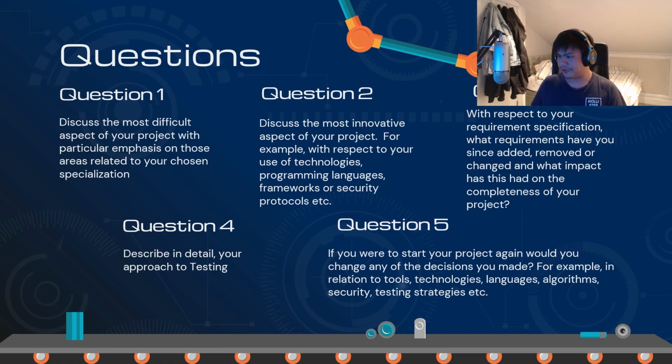And then question 5. If you were to start your project again, would you change any of the decisions you made, for example, in relation to tools, technologies, languages, algorithms, security, testing strategies, etc.? I would look for a replacement to FFmpeg, as it was a lot more complicated and not very friendly to developers using the library as I thought it would have been, because the documentation available online was quite old. The examples that I needed had a lot of deprecated functions.